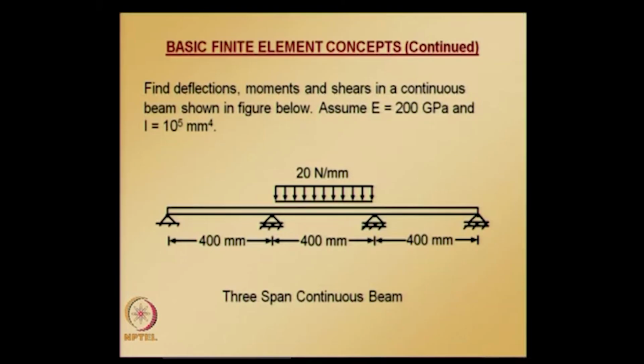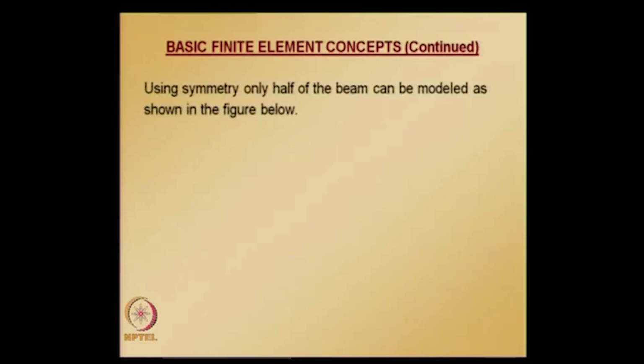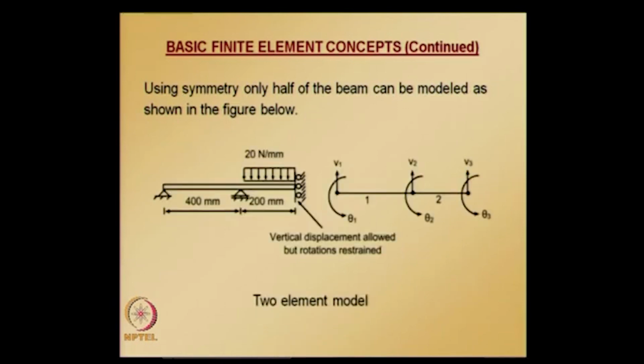Please note that at the supports the transverse displacement is 0, and also at the middle of the mid span the rotation is 0. So, using symmetry only half of the beam can be modeled, and the 2 element model looks like this.